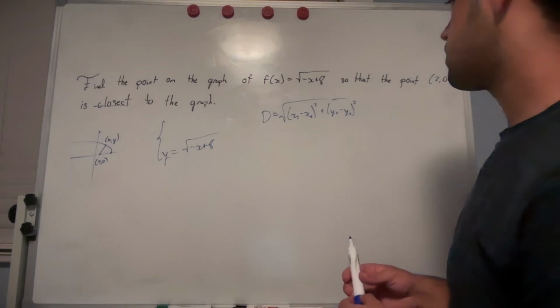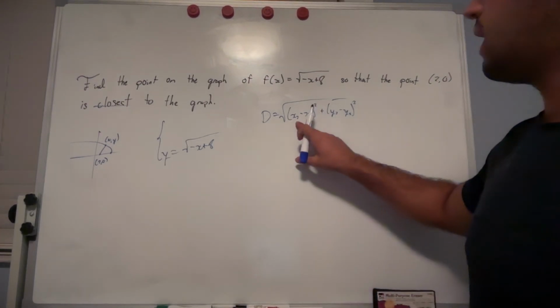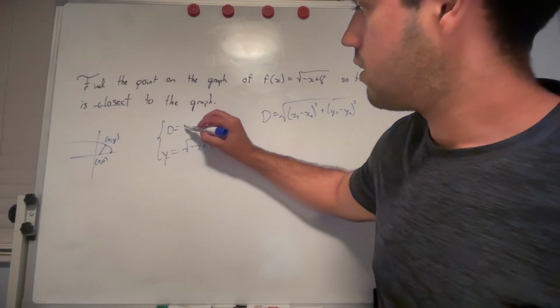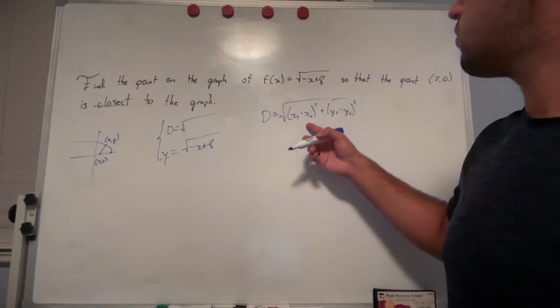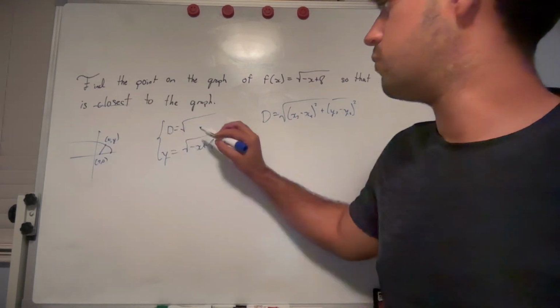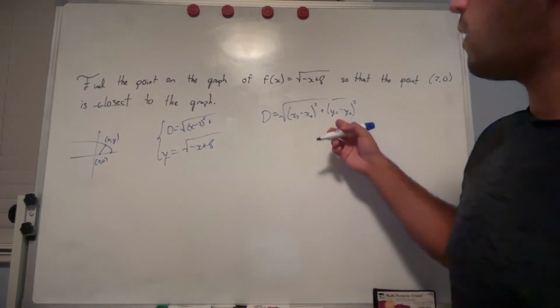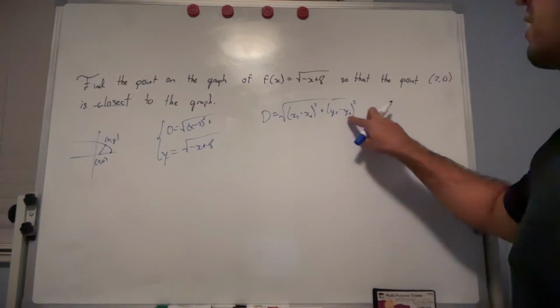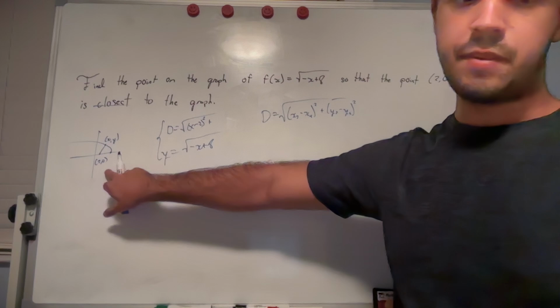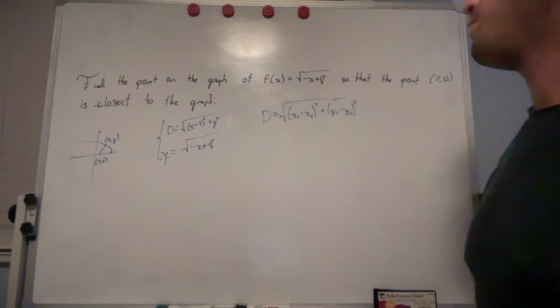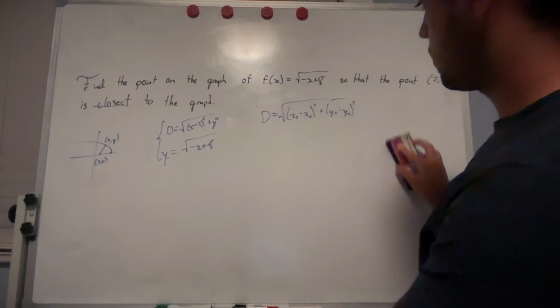Okay, let's plug this in. Our x2 will be our x, and then our x1 will be our 2. So we have x minus 2 squared plus y2, which is just y minus y1, which is 0. I'm not going to write minus 0, so I'm just going to write y squared.